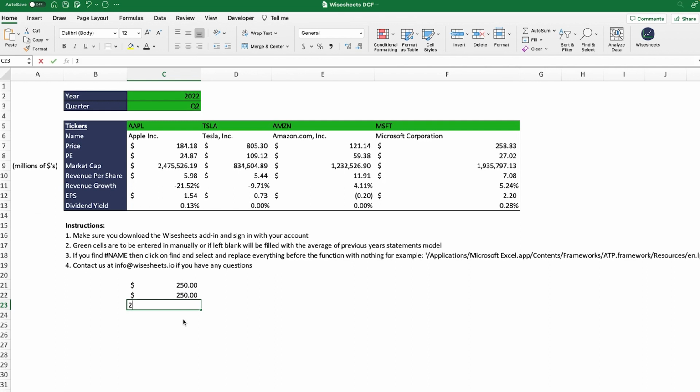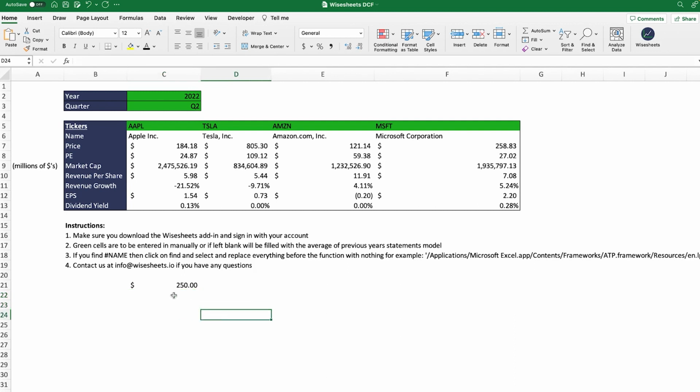Or you could pay $249 so that at least you're making $1 of profit. However, in the real world, there's no perfect intelligence and we don't know 100%. Nobody knows 100% what a company is worth. Therefore, you need to have a margin of safety, which means a margin of error, where even if you're wrong, even if your assumptions are wrong, you can still make profit.